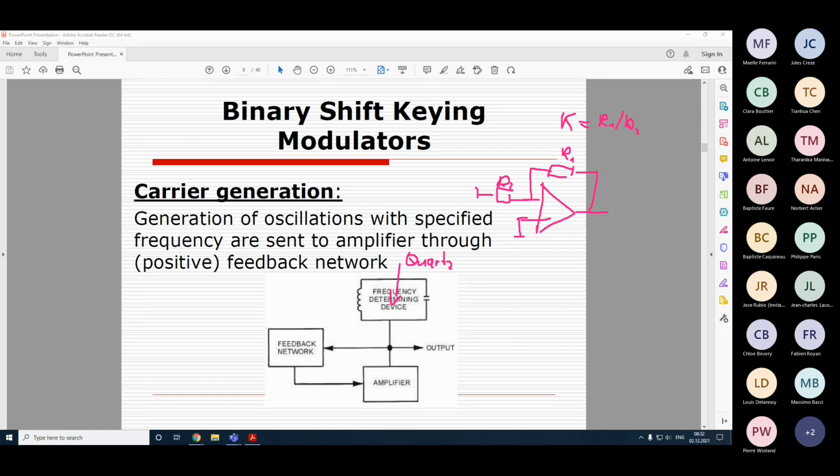And this is a feedback, because the signal from the output is returned to the input of this amplifier. Furthermore, this is a so-called negative feedback. This relates to the phase of the signals, but basically the easiest way to think is that it tries to stop this device from working.